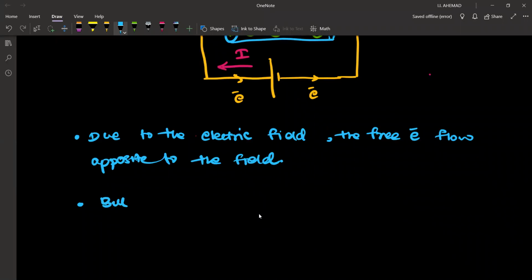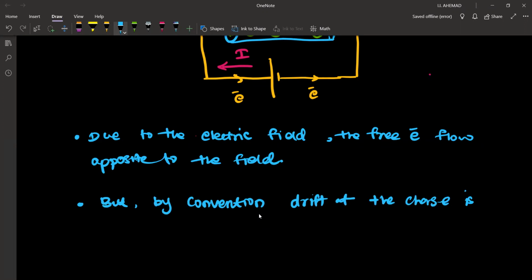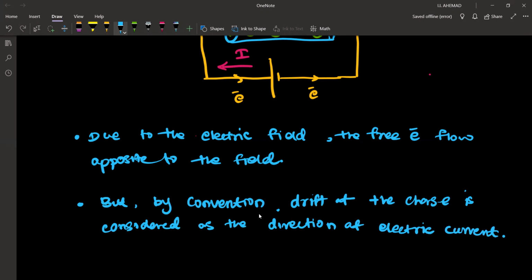But by convention, drift of positive charge is considered as the direction of electric current. Okay, give me a minute.